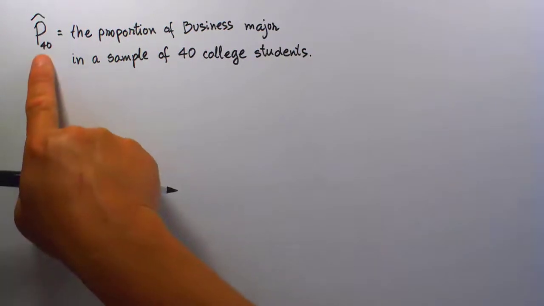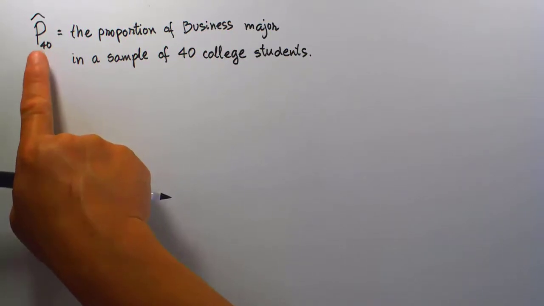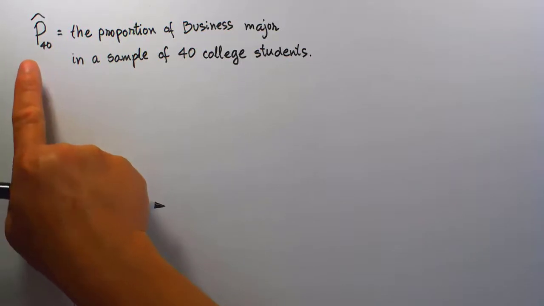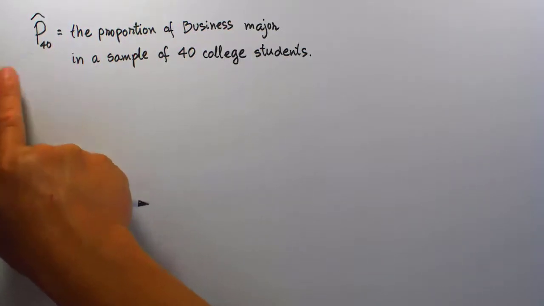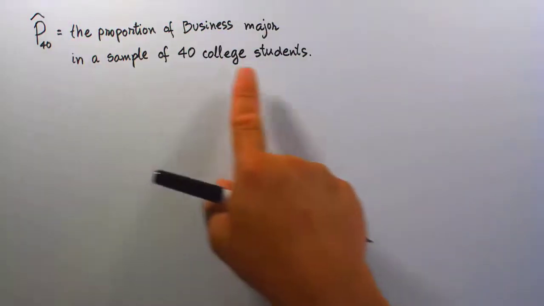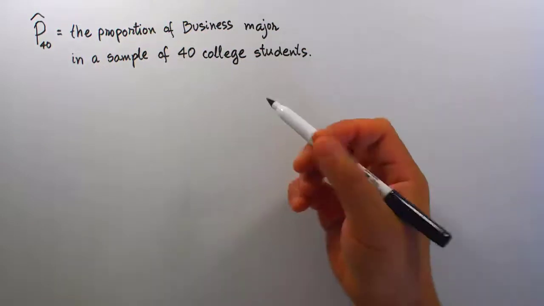So once we picked up a sample of 40 students, as I indicated in part A, then we already realized that we had a sampling distribution of the proportion, and namely as a random variable, it's the capital P hat 40.